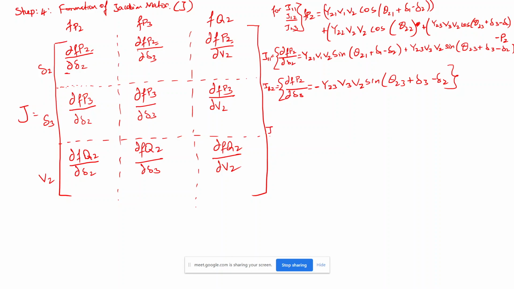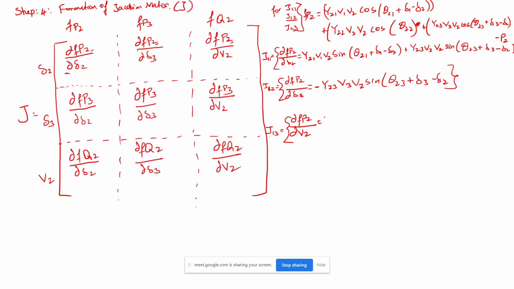So again it is J13. What is J13? Someone tell me. J13 is dFP2 divided by dV2. So we need to differentiate this P2 equation with respect to V2. Where all this V2 is there, I am going to differentiate. Here only one V2 is there, so if I differentiate this, I can omit it, and the rest will be the same.